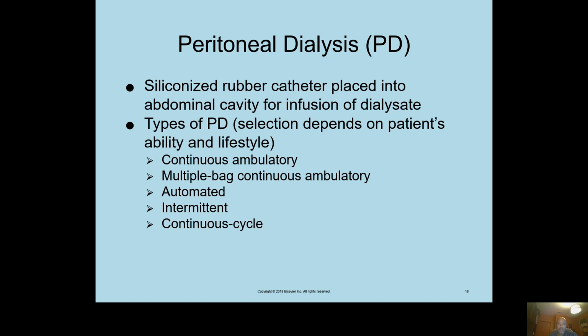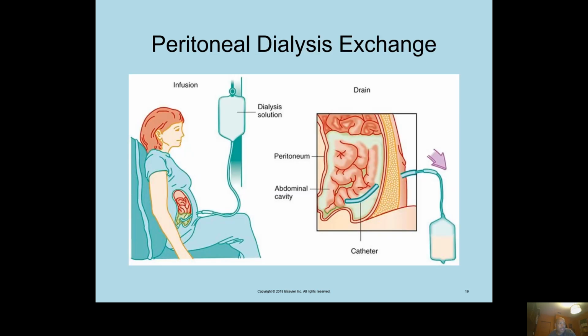Now here's just an example. This is the dialysis solution, and this is what we're going to infuse into the PD catheter. This is a PD catheter that's tunneled into the peritoneal cavity, and here is your peritoneum itself, this membrane.